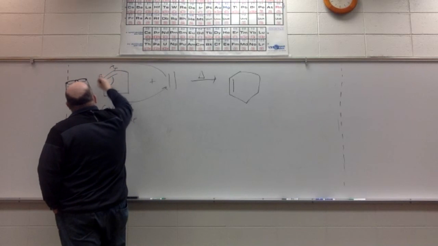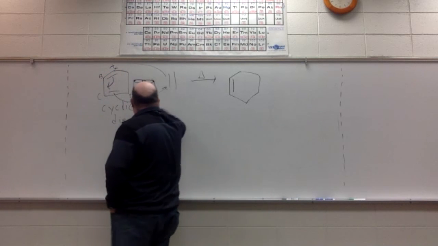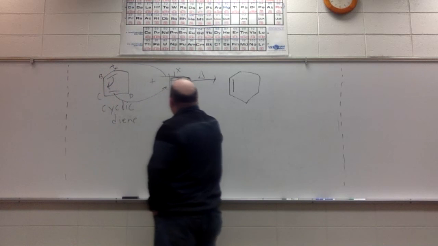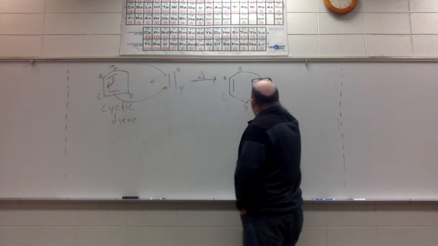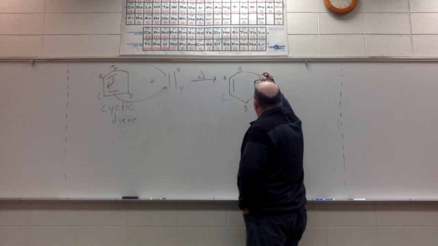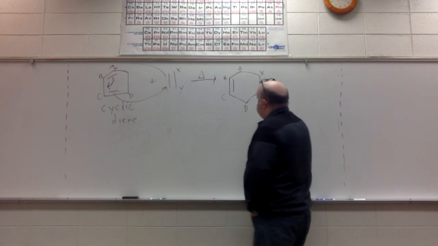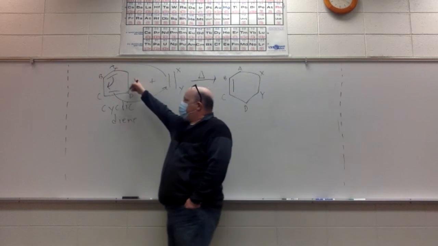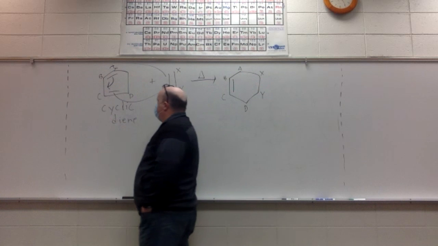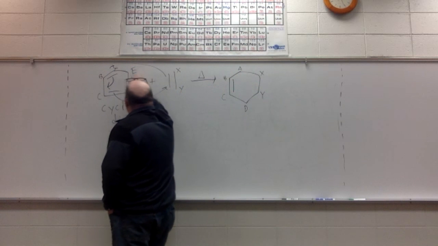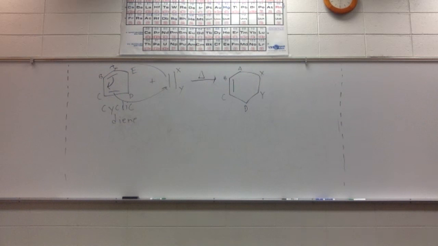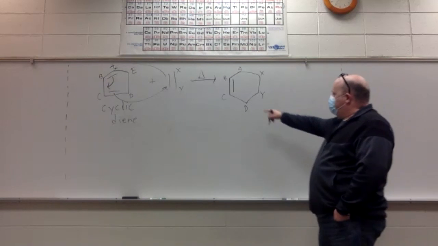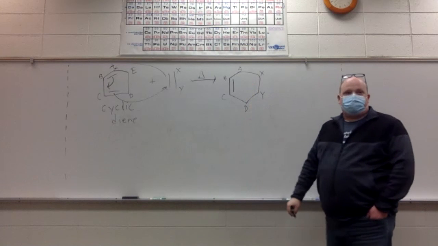We have A, B, C, D, X, and Y. So this is poor little carbon up there that's unaccounted for. We'll call him E. He didn't go anywhere. He's still there. In fact, E is still connected to both A and D at the same time.